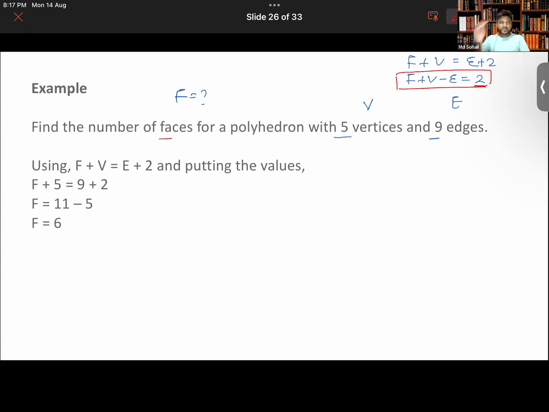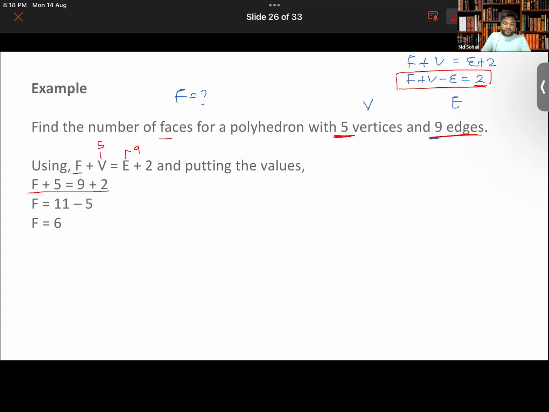This example has already been done. I will give you one more question to practice on this. So here basically you see F plus V equals to 9 plus 2. There are 9 edges in it, looking at the question. Vertex, you know, is 5 in the question given.